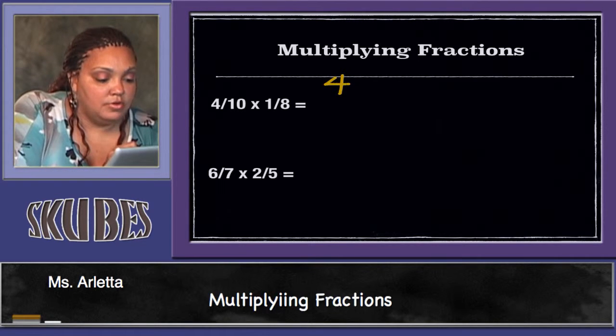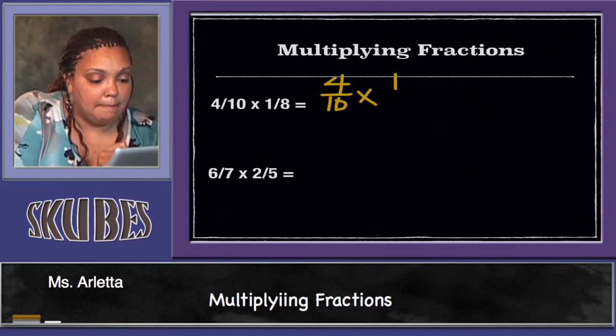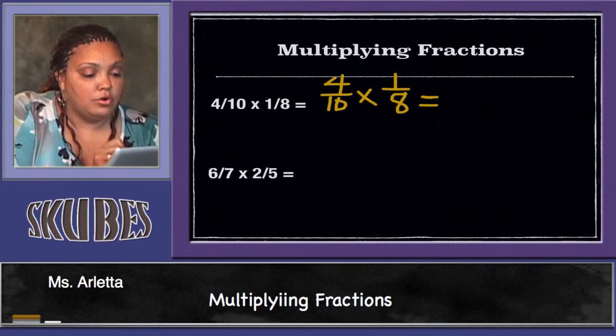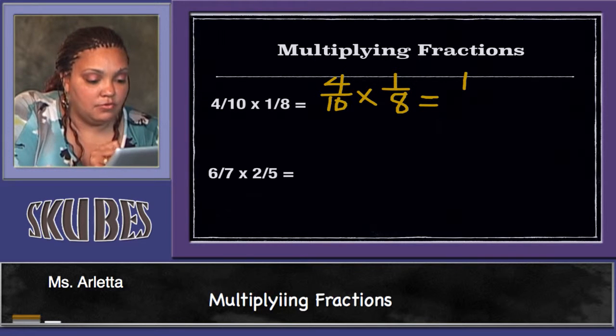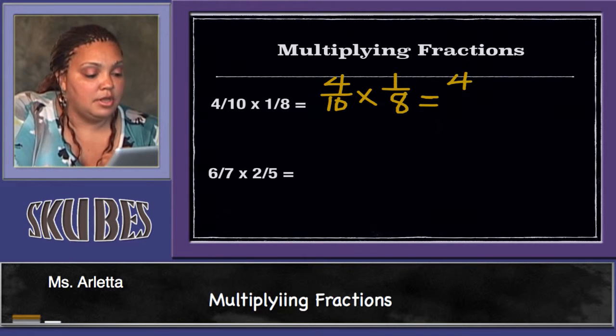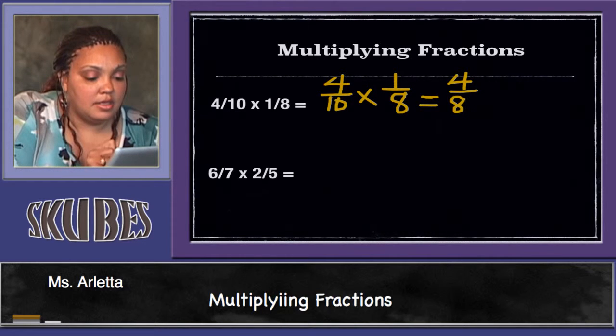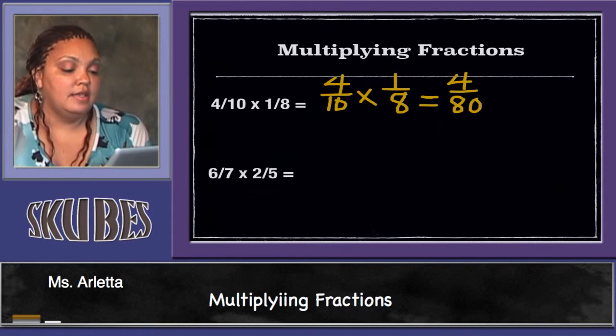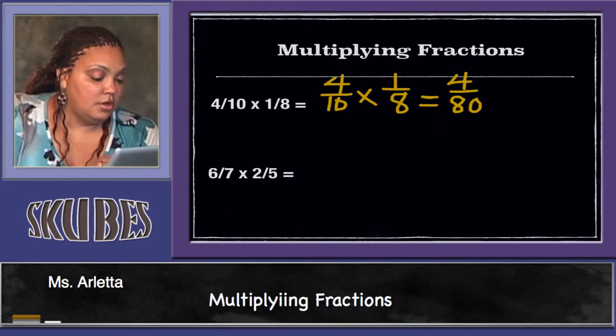Four over 10 times 1 over 8. Multiplying our numerators of 4 times 1, that gives us 4. Multiplying our denominators, 10 and 8. 10 times 8 is 80. Now we need to check between 4 and 80, is there a common factor? And yes, there's a common factor of 4.